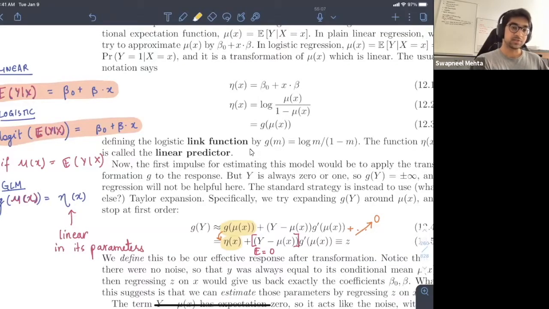And now we're trying to generalize this notion by saying, let's consider any function on the left of this conditional mean of y given x as a linear function of x. And by linear, to reiterate, we mean linear in the parameters.